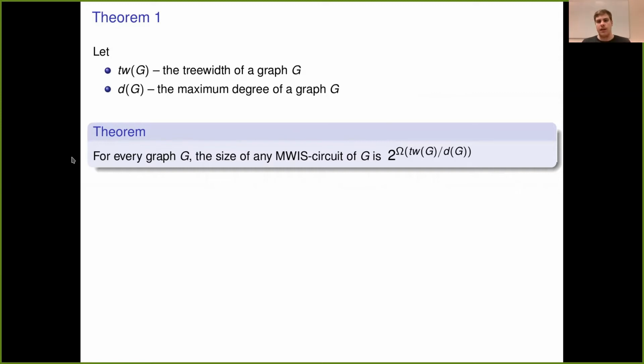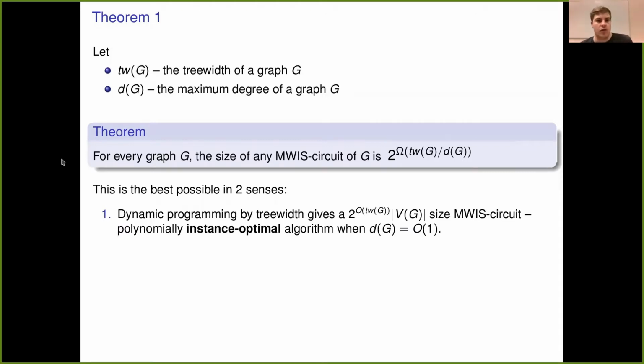What I prove is that for every graph, I prove a lower bound on sizes of MWIS circuits that is exponential in treewidth divided by maximum degree. This lower bound holds for every graph G. So it's not a lower bound over classes of graphs, but it holds for every single graph G.